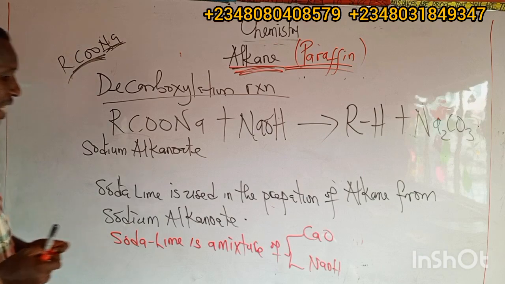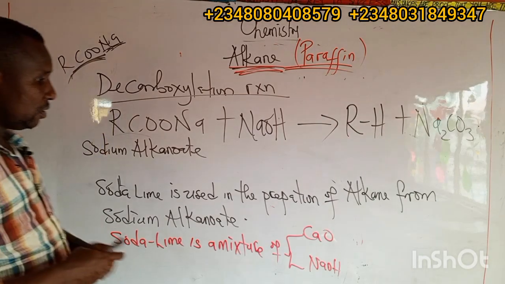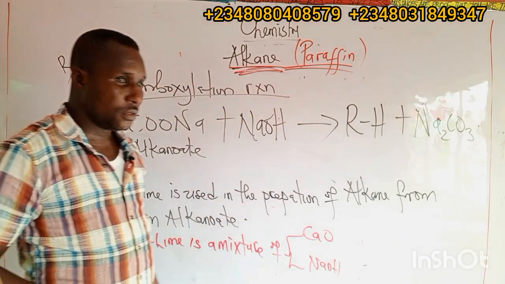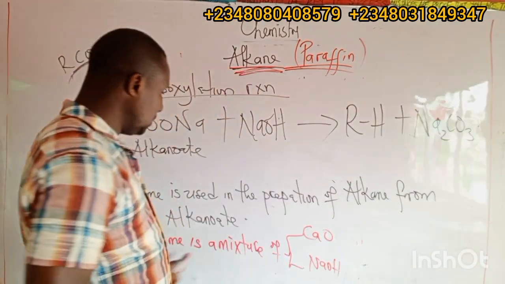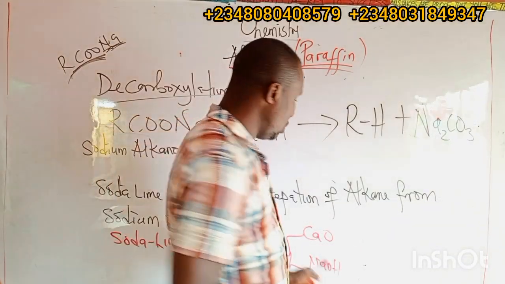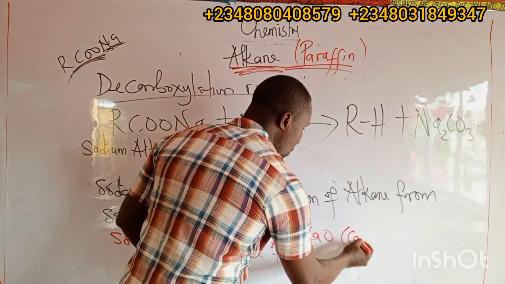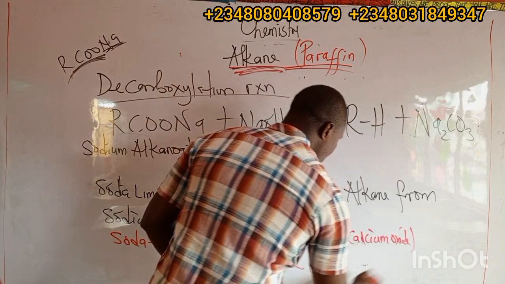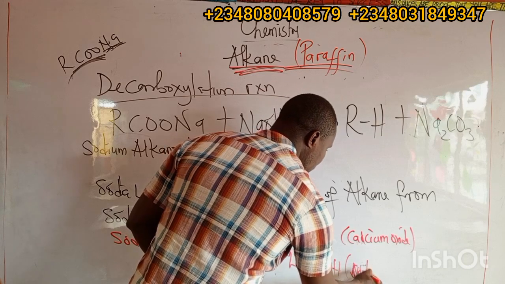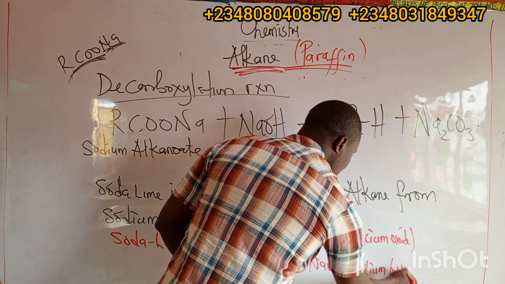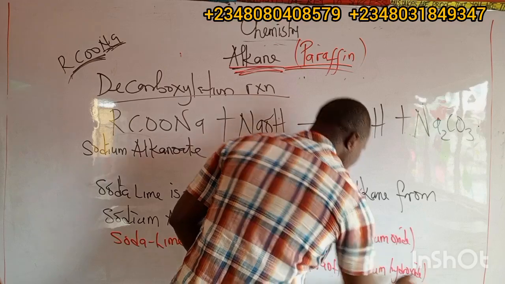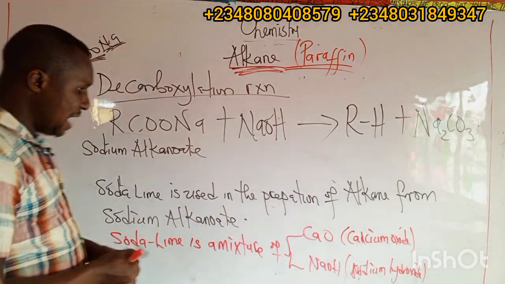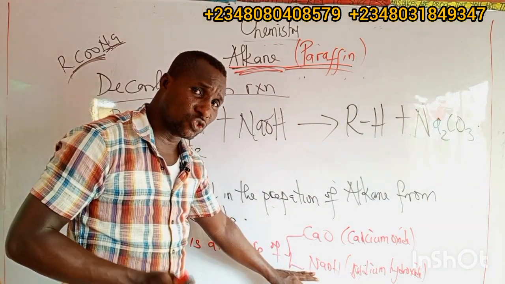Soda lime is a mixture of calcium oxide and sodium hydroxide. It's a mixture of calcium oxide and sodium hydroxide. And this sodium hydroxide is caustic soda.